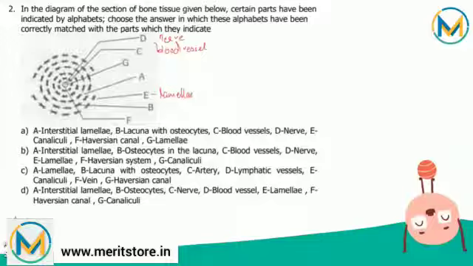Now the bony columns are arranged in parallel to the axis of the long bones. The central canal and the surrounding lamellae are collectively known as Haversian systems. So here this F is the Haversian canal or Haversian system. So this is system first of all.